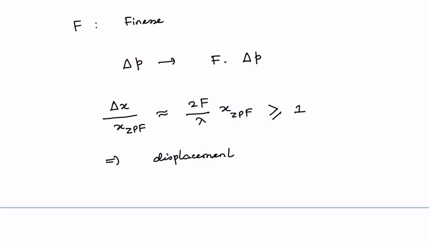That means there is going to be a significant displacement, and we can study quantum effects in such a nano size system. This is one of the major reasons for extensive exploration of cavity optomechanics.